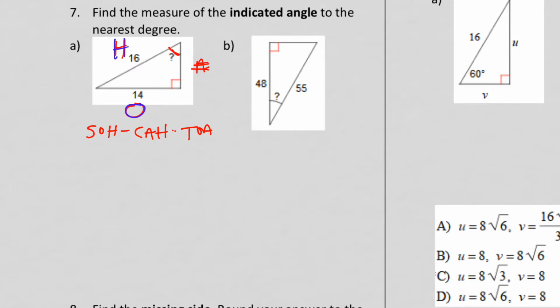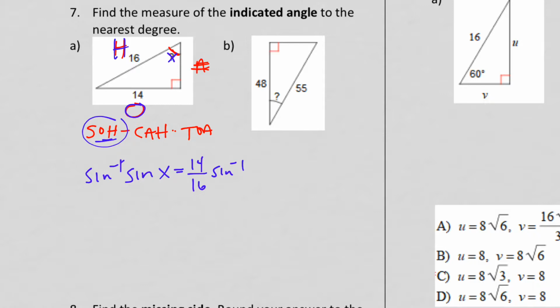So OH is going to be sine. So here's my setup. Sine of my missing angle, I'm going to just call this X, equals opposite 14 over hypotenuse 16. Now that I have my equation, I need to get X by itself. To cancel sine, I'll multiply by the inverse of sine to both sides.